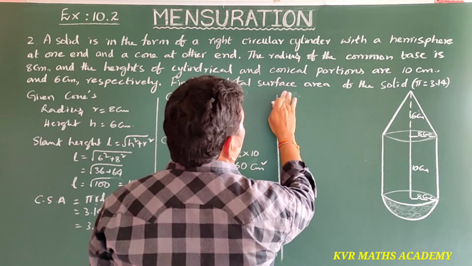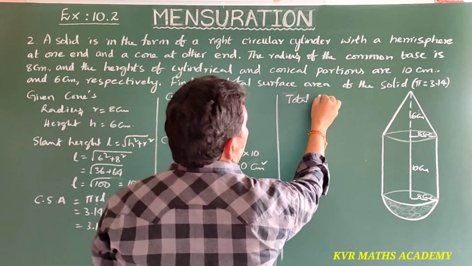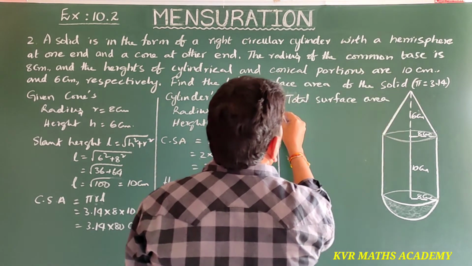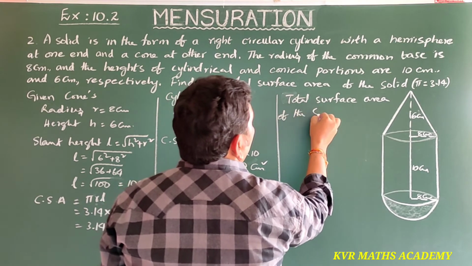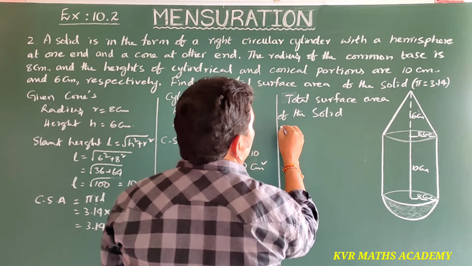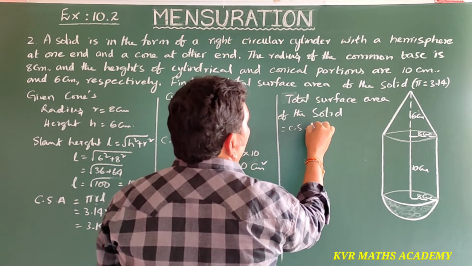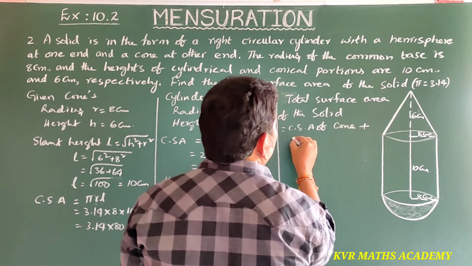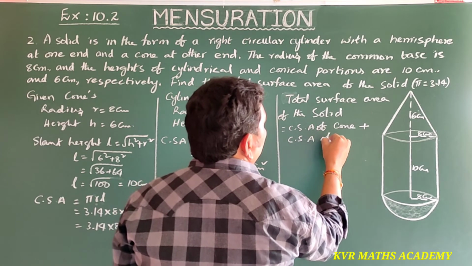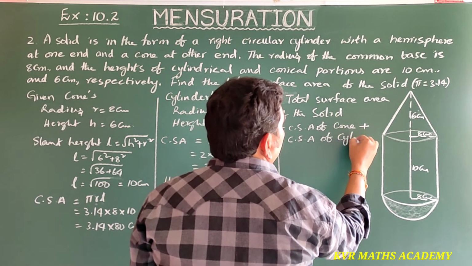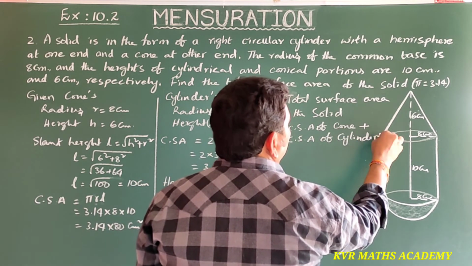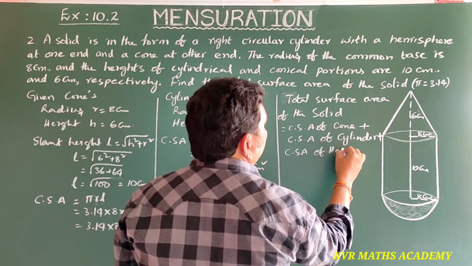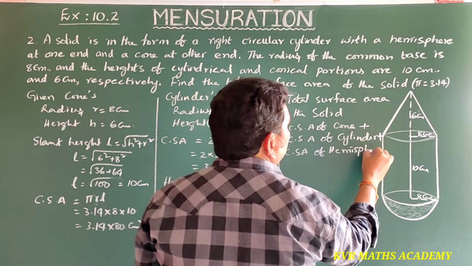Now the total surface area of the solid is equal to the CSA of the cone plus the CSA of the cylinder plus the CSA of the hemisphere, right?